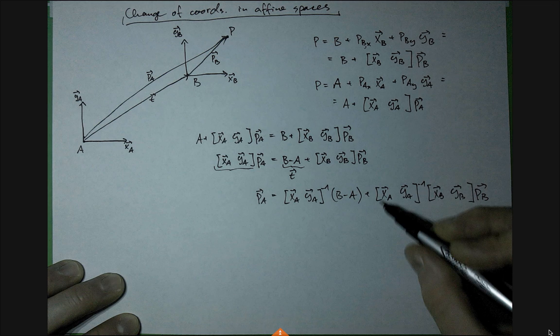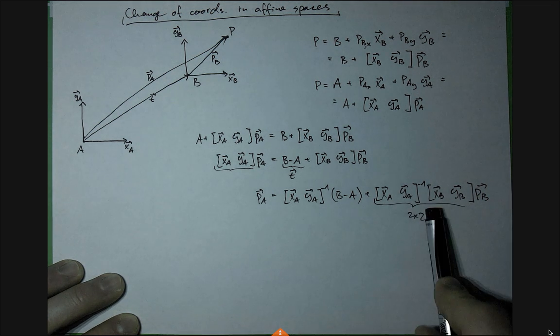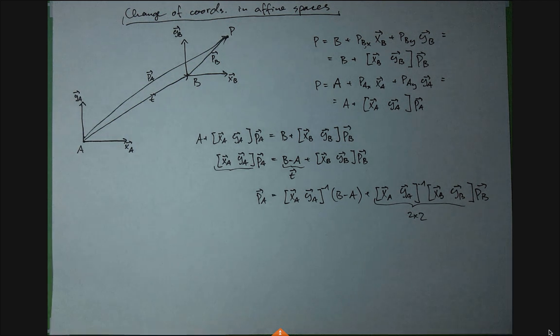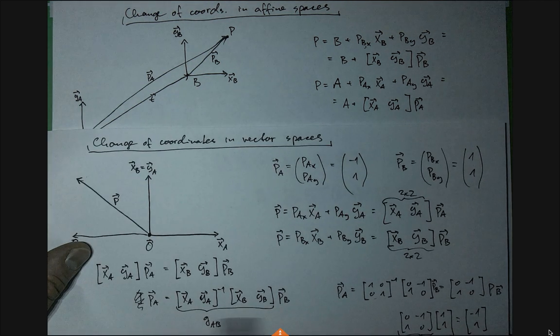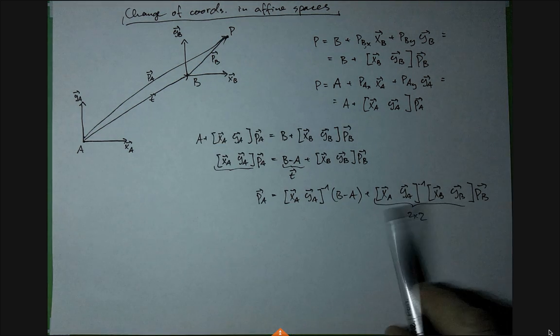All right, so this thing is a 2x2 matrix. That's, by the way, if you compare it to what we had before, exactly the same matrix as we had here. That's the change of coordinates in the associated linear space. So that's the linear part of the transformation.